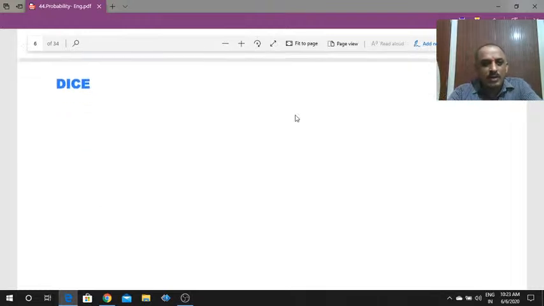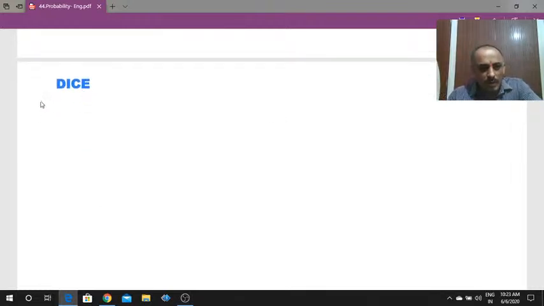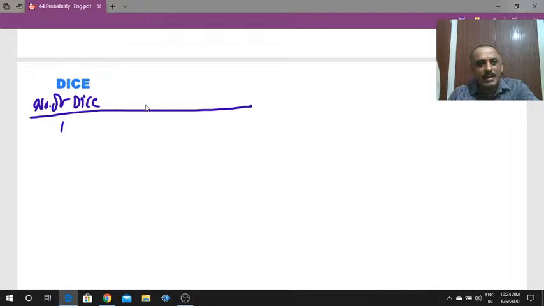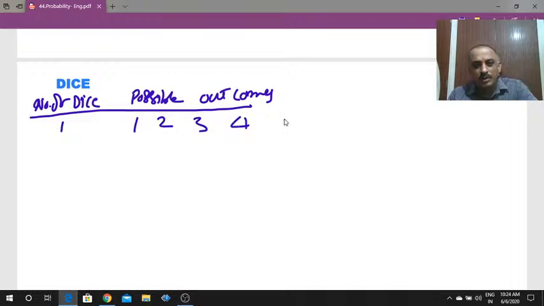Now see, if a person throws only one die, tell me the possible outcomes. What are the possible outcomes? The possible outcomes are one dot, two dots, three dots, four dots, five dots, or six dots.